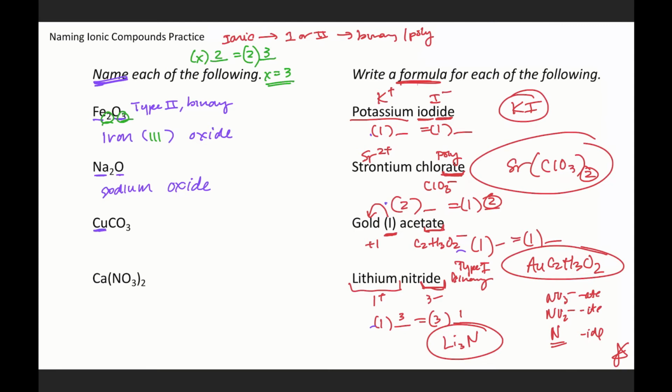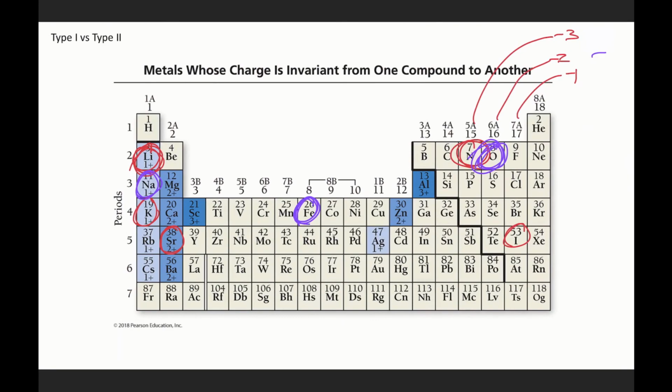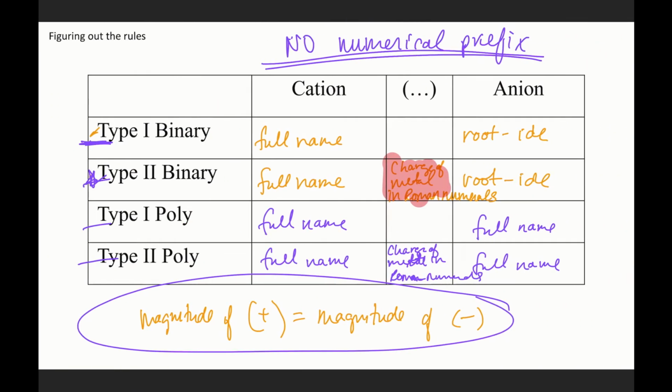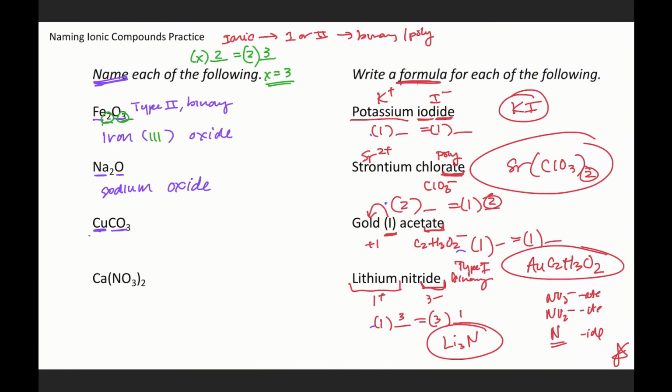Here we have copper. I assume we all know copper is a metal, and we have several other elements, which means that this is... let's go find where copper is. You'd go find copper and see, oh, look, type 2. So type 2, poly. We need full name and charge of the metal. So full name of this part is just copper. We know there's going to be a charge here.